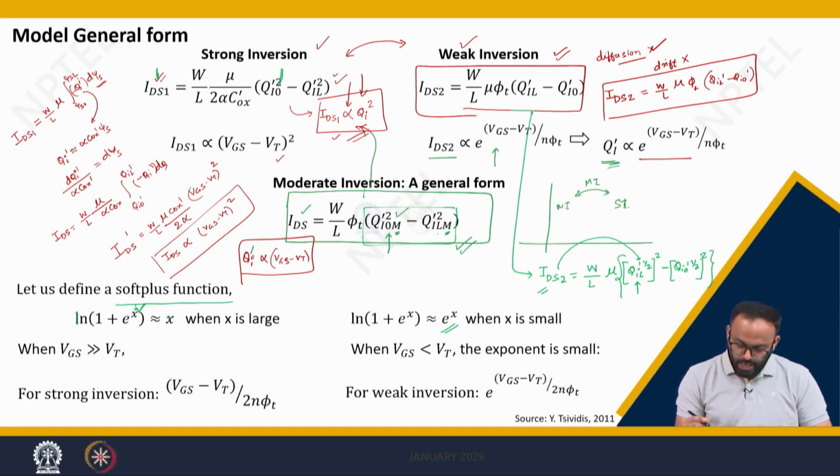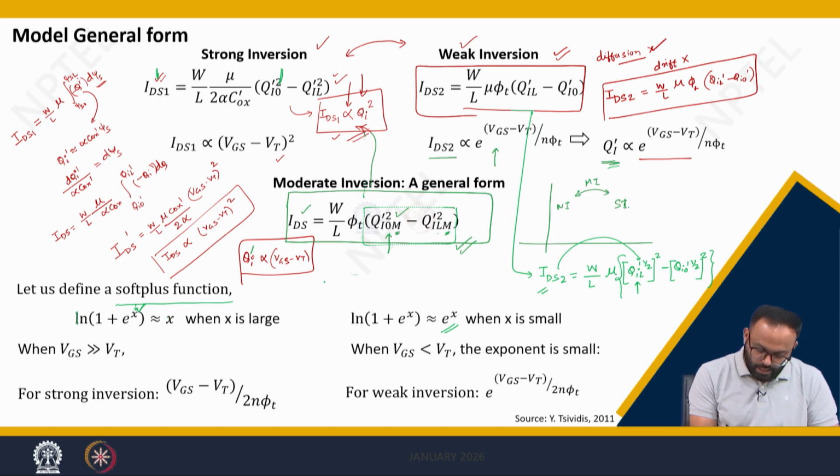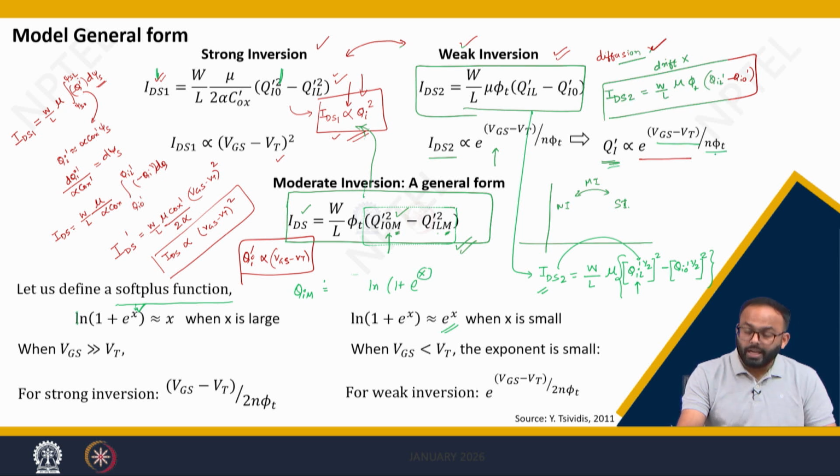If I define a charge equation, let us say Qim as log of 1 plus e to the power x, right? So x, what I am taking is Vgs minus Vt divided by n phi t into 2, because here Qi dash is what? Half to the power 1 by 2.